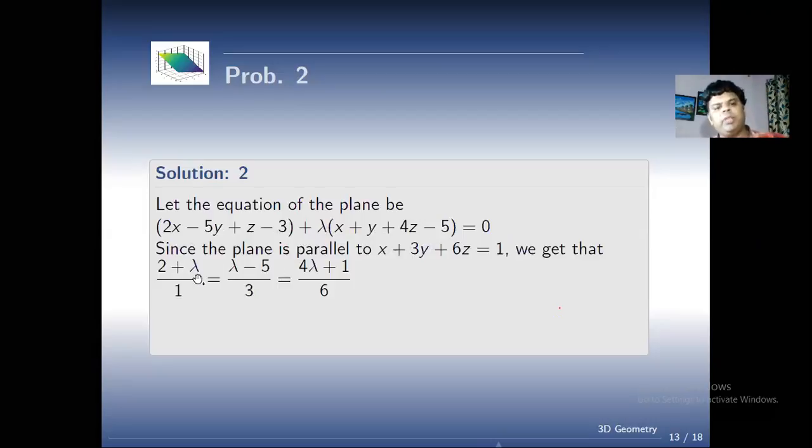So I can have these coefficients between the plane that I have here and the plane to which it is parallel, which is x plus 3y plus 6z.